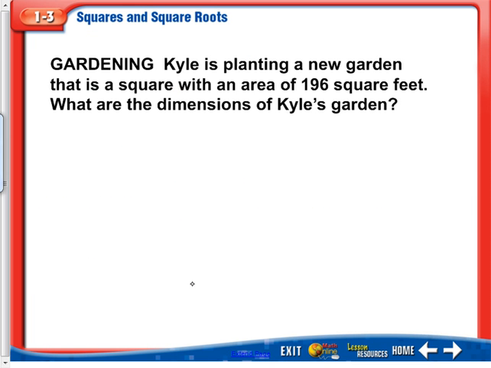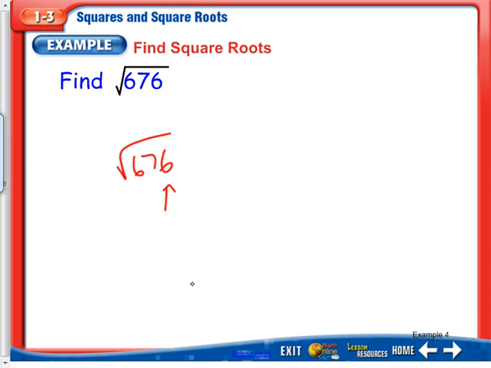So to find the square root of 676, I know that the last digit is either going to be a 4 or 6. So I know it's not 16, so it's not 4 times 4, it's not 36, it's much bigger than that. It's probably even bigger than 14 or 16 also, okay?